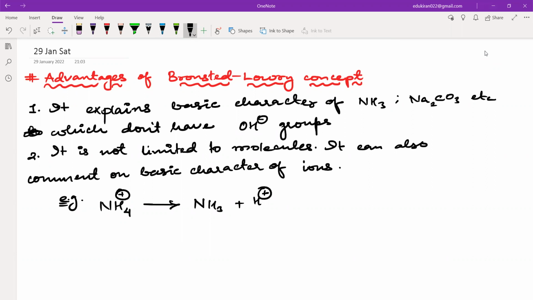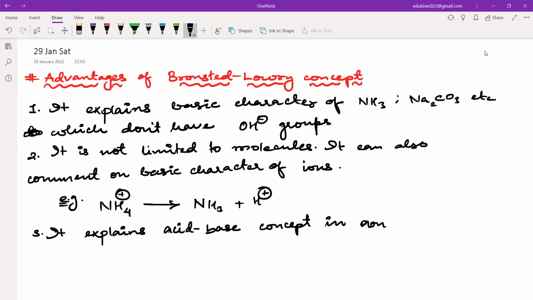Right, the third one, it explains acid-base concept in non-aqueous medium too.